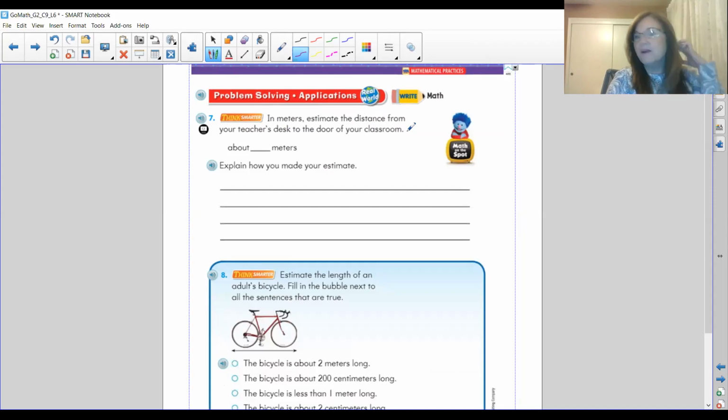Or if you have somewhere in your house, maybe you can estimate how far it is from the living room to the kitchen, or from the kitchen to the bathroom, or from the driveway to your front door in meters. Remember, meters are the long, 100 centimeters. How many meters? So let's pause for a second and we'll see how the puppets do their estimating.